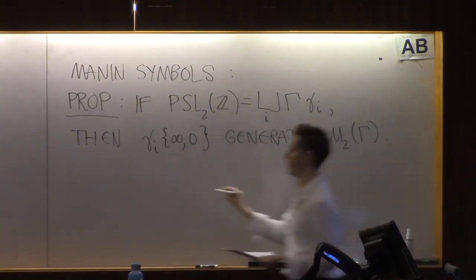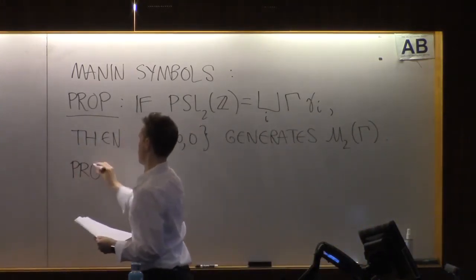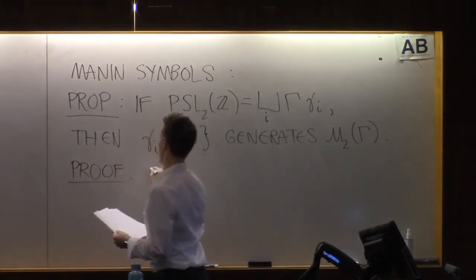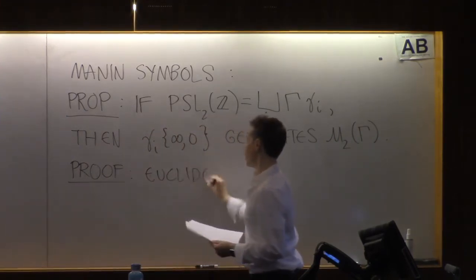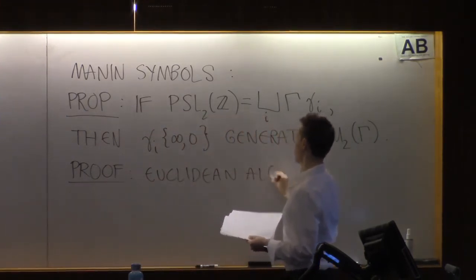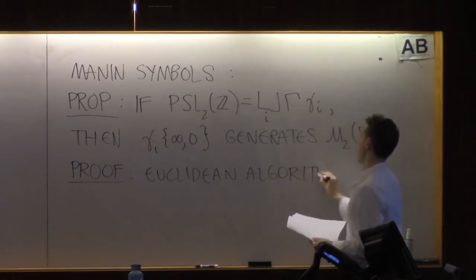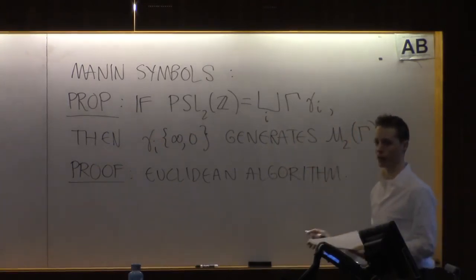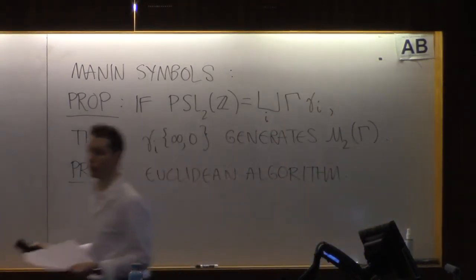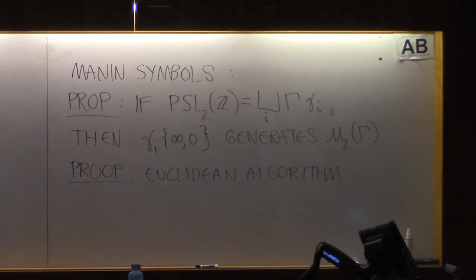So the proof is the same. You might also think about how you would capture this proposition without reproving it using the Euclidean algorithm, but instead just using that proof for SL2Z. See that there's a natural action via permutation of the cosets. Maybe you don't have to do that, you just repeat the same.